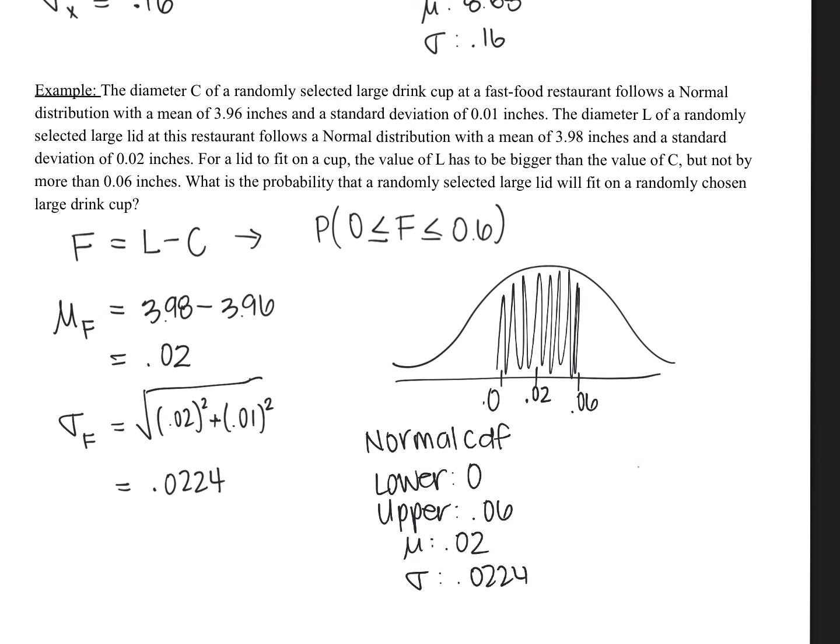And we get the probability is 0.77696, which becomes 0.777. So the probability that a lid will fit a drink cup is about 0.777.